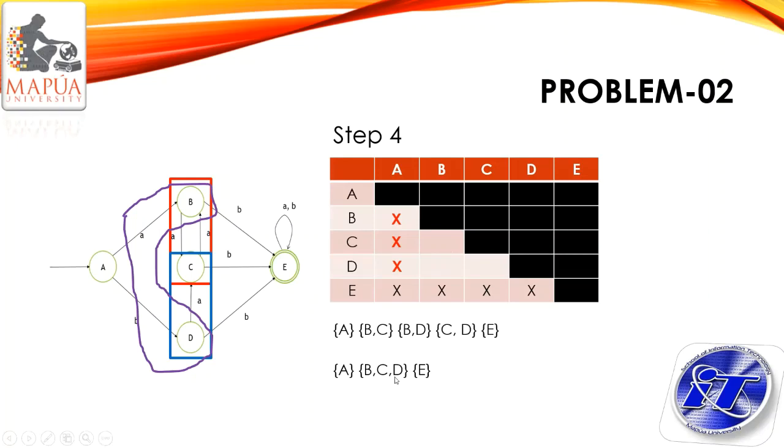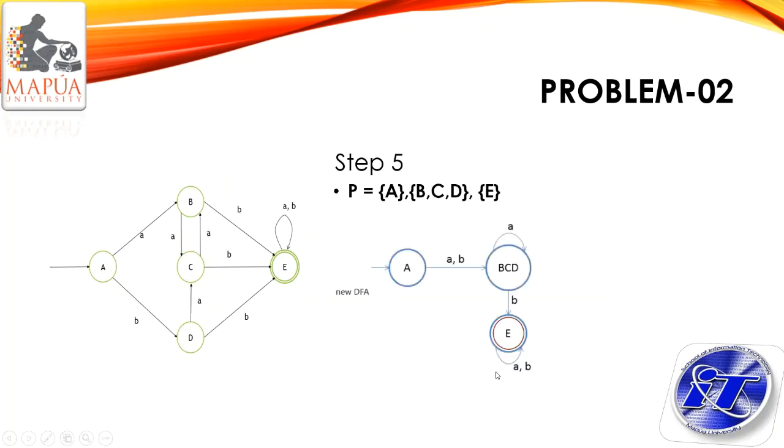The initial state is A, and then the group BCD. Any value will go to BCD from A, and in BCD, if it's A, it will just loop within itself, and if it's B, it will go to E. Any value in E will just loop within itself. So this is the simplified version.